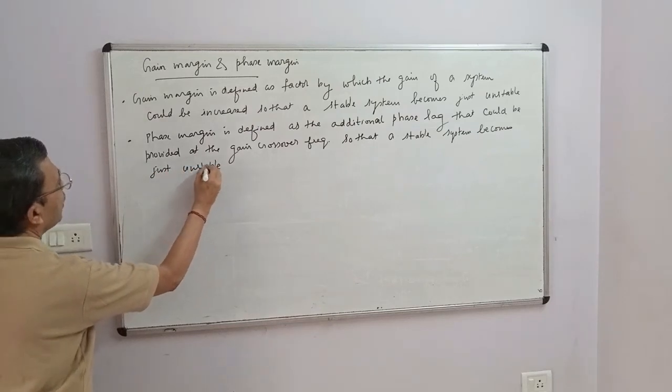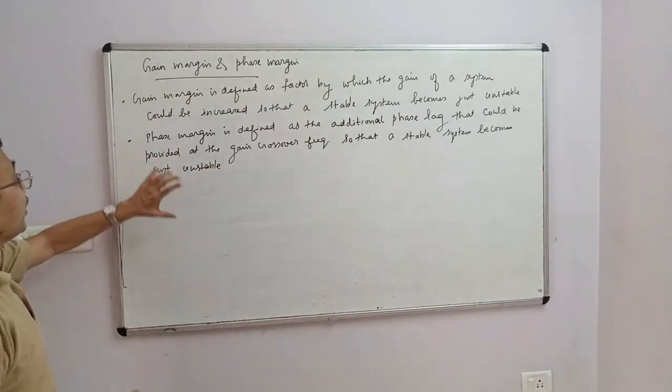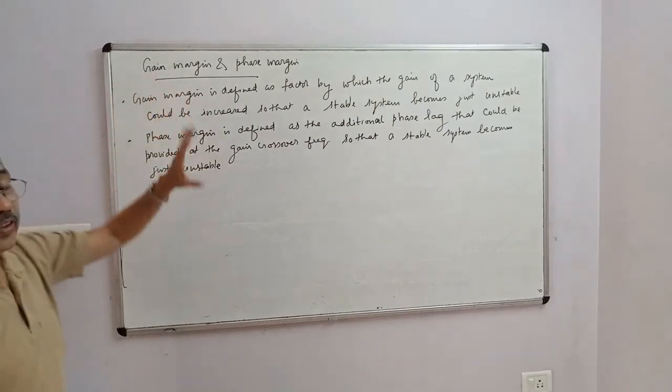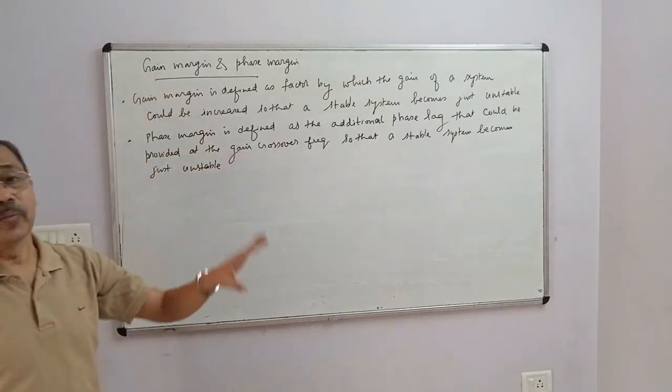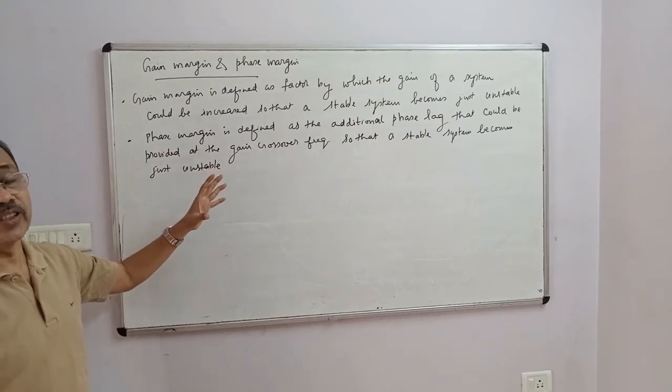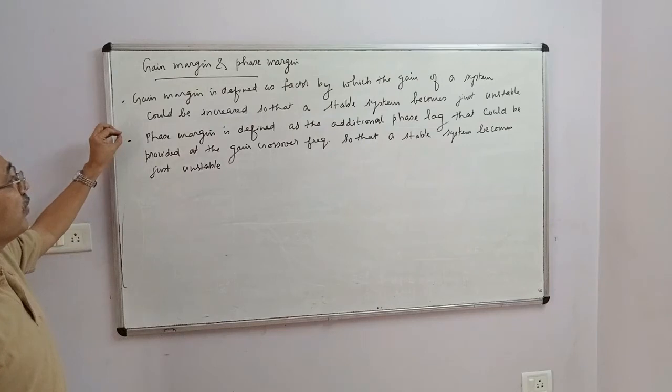See, actually, this topic should be taught after I teach the Nyquist diagram. Therefore, gain margin and phase margin are dealt with in great detail in module number 5, where I have taught the Nyquist diagram and stability. For the sake of definition, I have given it here.